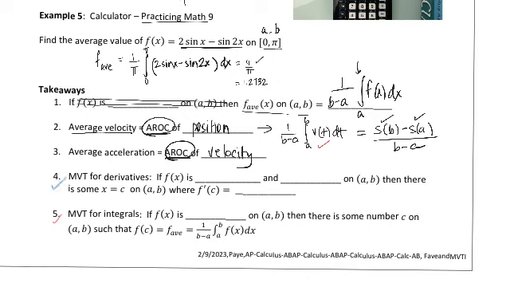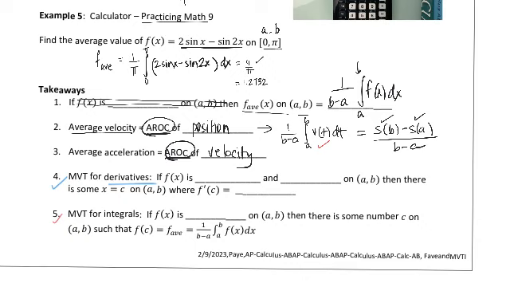Just reviewing here the mean value theorem for derivatives, that's the one that said that if a cop knows your average velocity on a stretch of the highway, then he can ticket you even if he didn't know your exact velocity at all times during that drive.